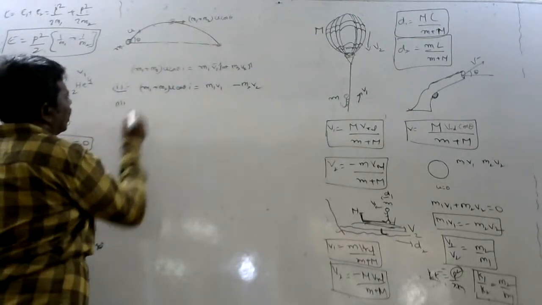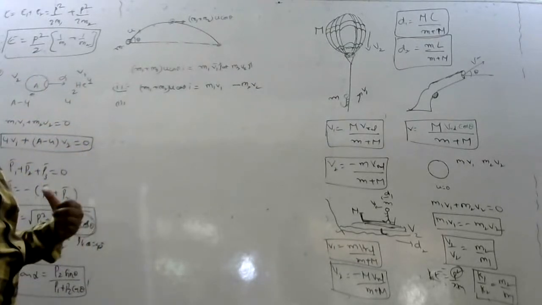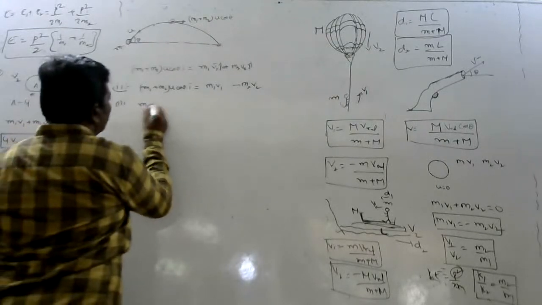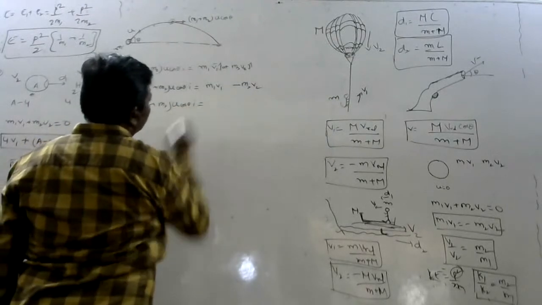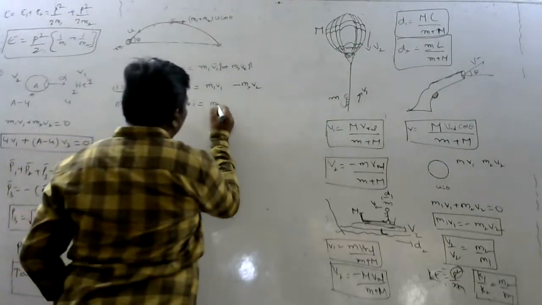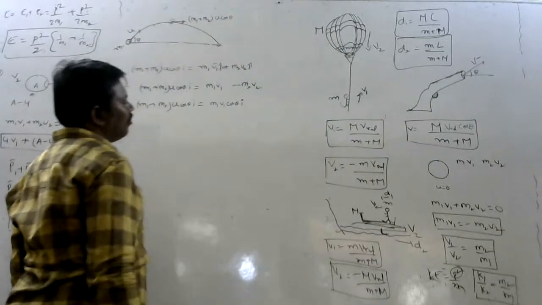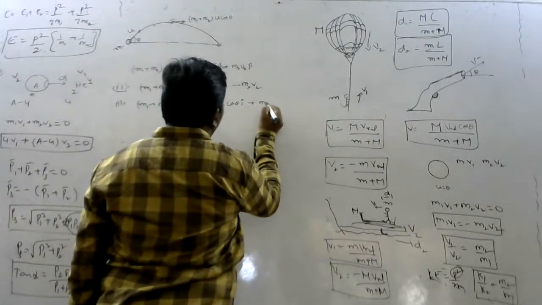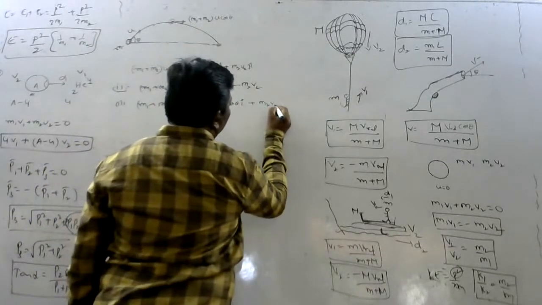Second case: if the first block retraces back and comes to its original position, then (m1 plus m2) u cos theta I is equal to minus m1 v1 I plus m2 v2 bar.